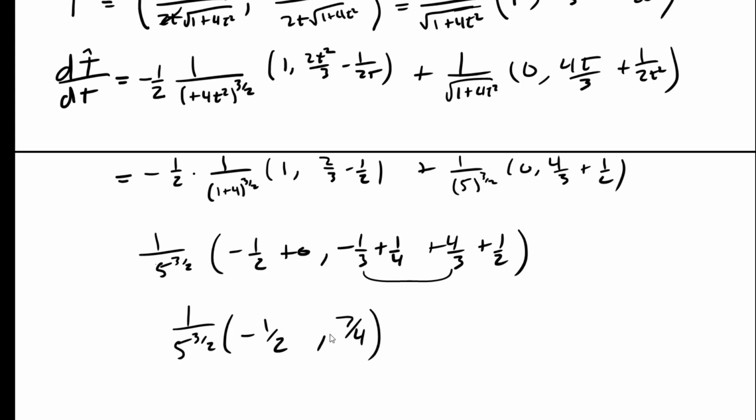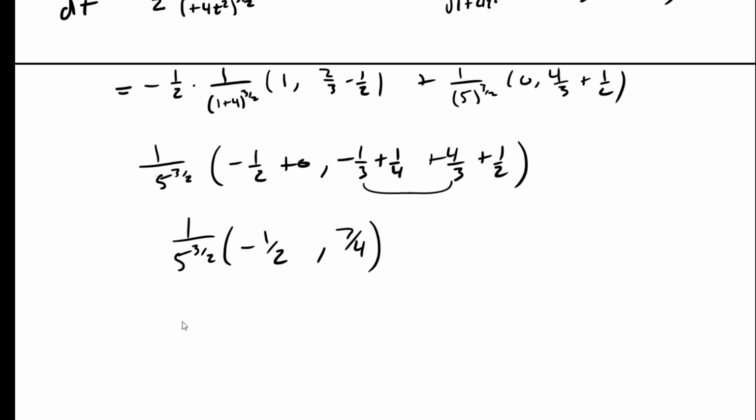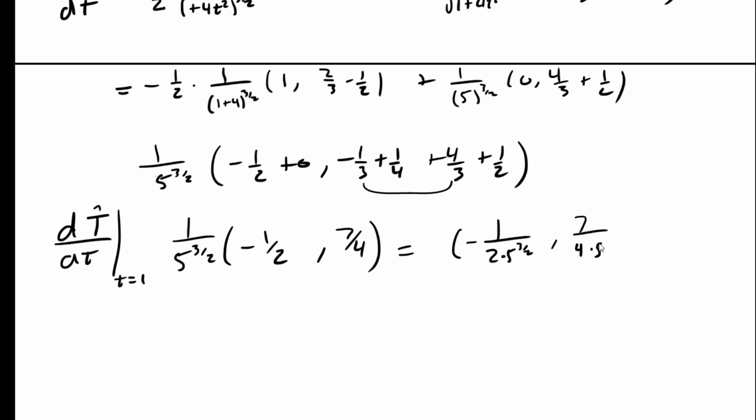Okay, simplified all that. Now I need the norm of it. So how do I want to do this? Let's go ahead and distribute that. So this is T prime at t equals 1. That's negative 1/2, 5 to the 3/2, and 7/4 times 5 to the 3/2. Okay, so we need the norm of that, and then we'll basically be done.